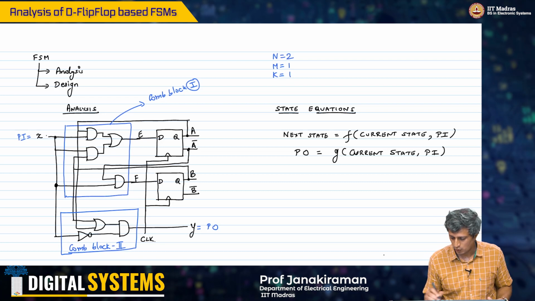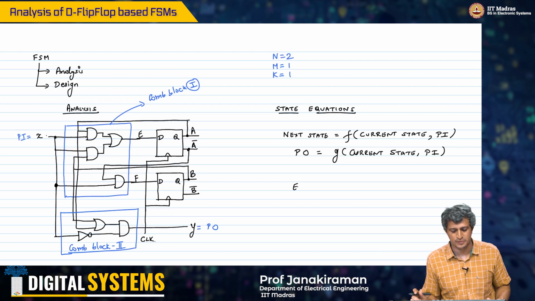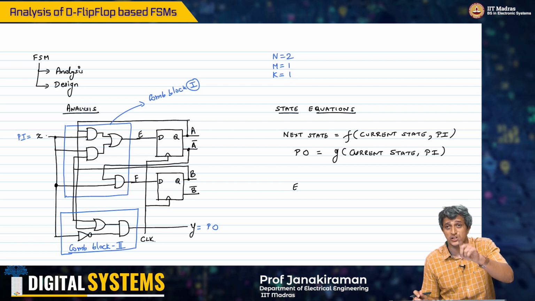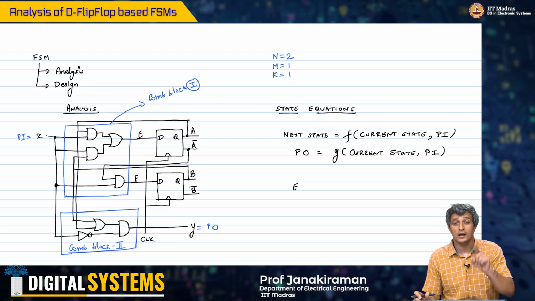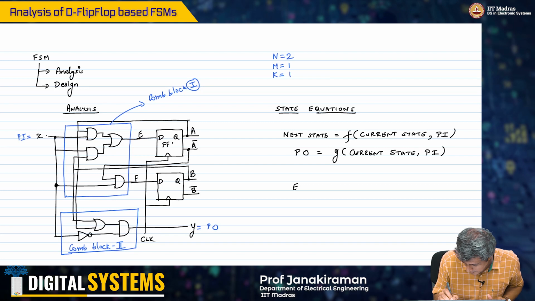My E is basically the next state of the flip flop. I'll also number them FF1 and FF2.